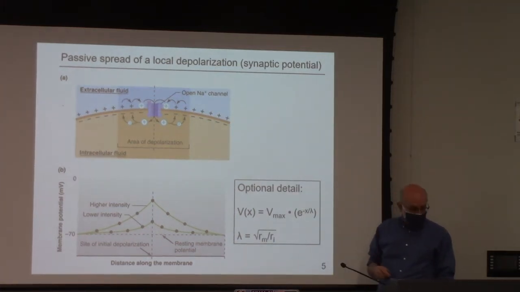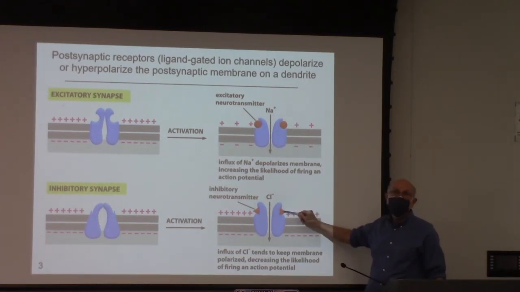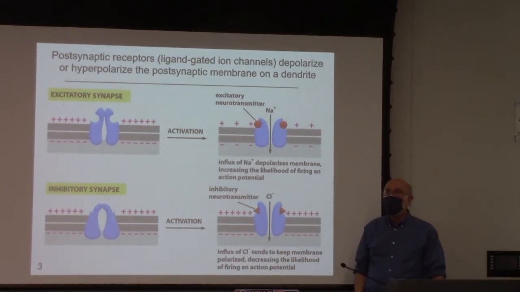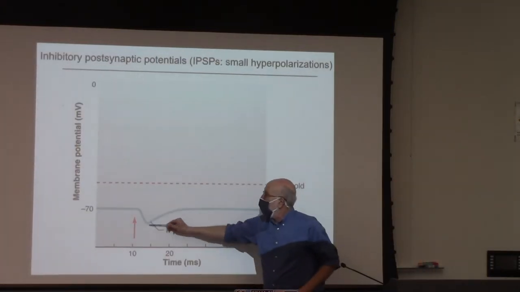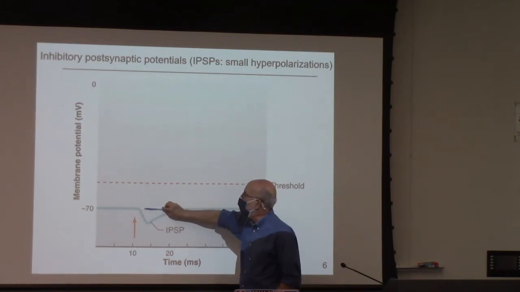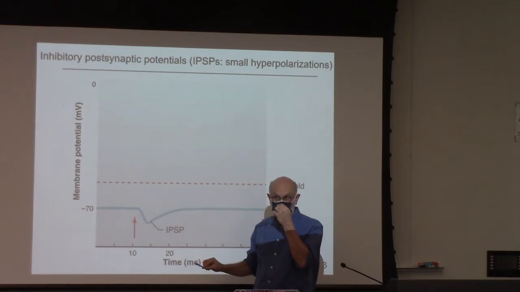If, on the other hand, going back here, we release this neurotransmitter, GABA is the example in your problem set, and it opens up a chloride channel, then we get an inhibitory postsynaptic potential that takes the membrane potential away from threshold, a hyperpolarization.